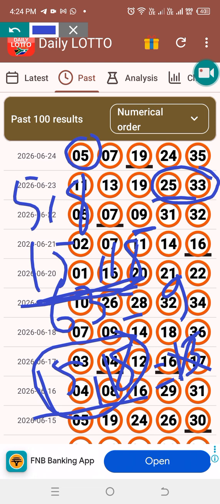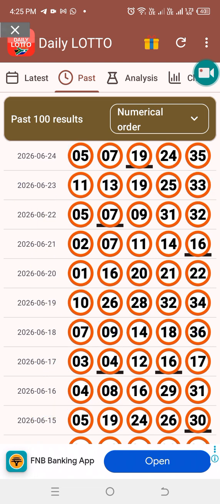Now, so the number which did not draw was 8, 15, and 18. So the main number here was 18, and we expect also 13 to repeat. 13 also can repeat.